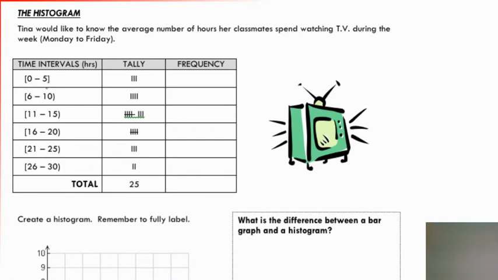So these are, again, categories for watching TV. And we were given the information already, so we have 3, 4, looks like 8, 5, 3, 2. Okay, so let's just write those in. So our frequency again was taking that tally number and putting it into a value.